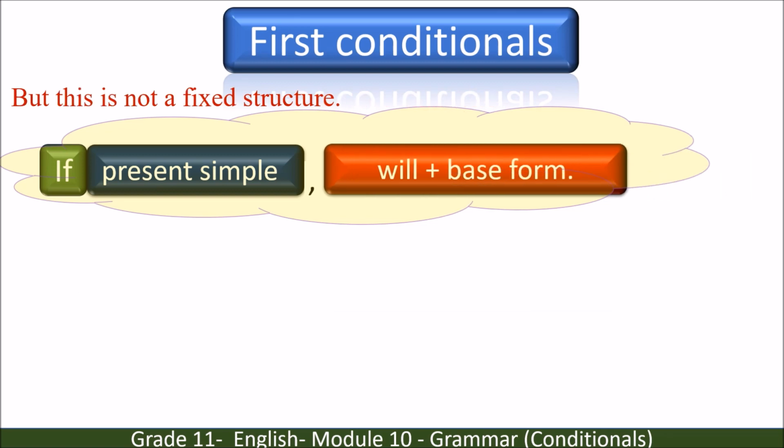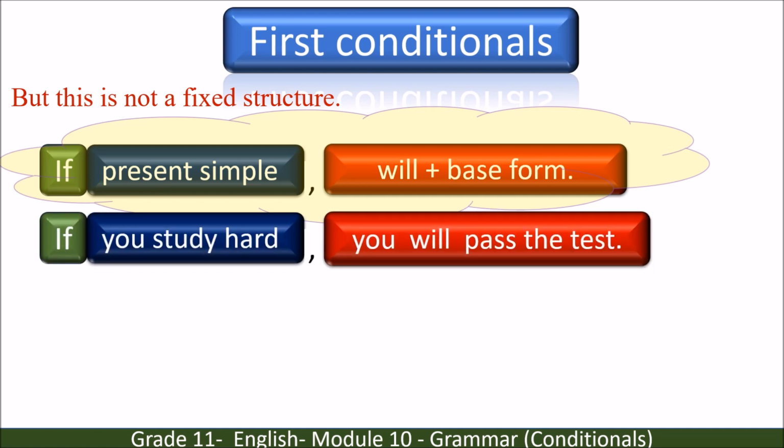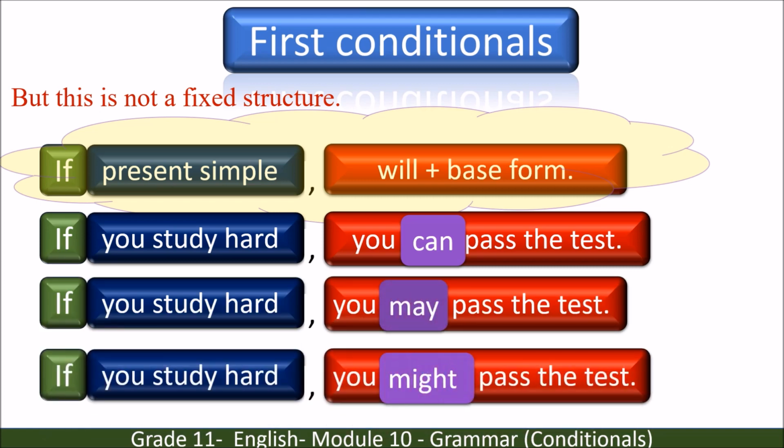But this structure is not a fixed structure. Although will is the most common word we use in the first conditionals, we can sometimes replace it with other modals. For example, in this sentence, if you study hard, you will pass the test. I can replace will with can to stress ability, or with may or might if I'm not quite sure.